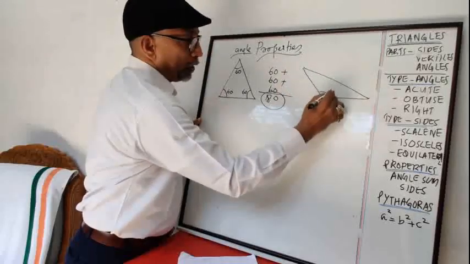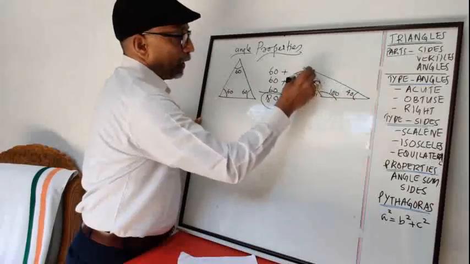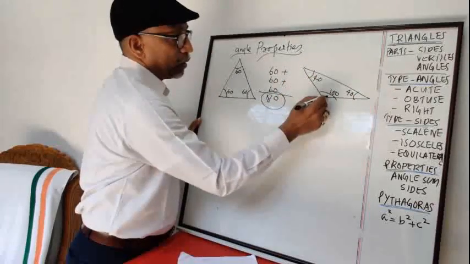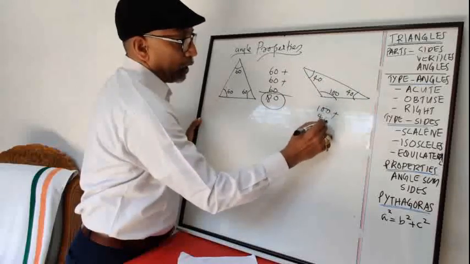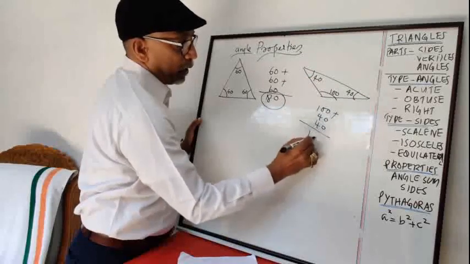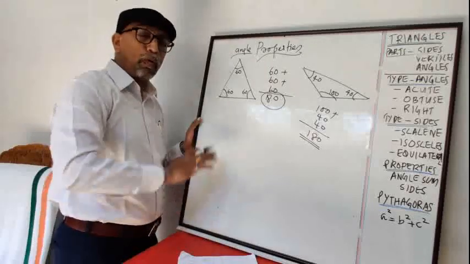This is an obtuse angle triangle. This is 100, and if this is 40, then this will be 40, because 100 plus 40 plus 40 is going to be 180. This is always right.